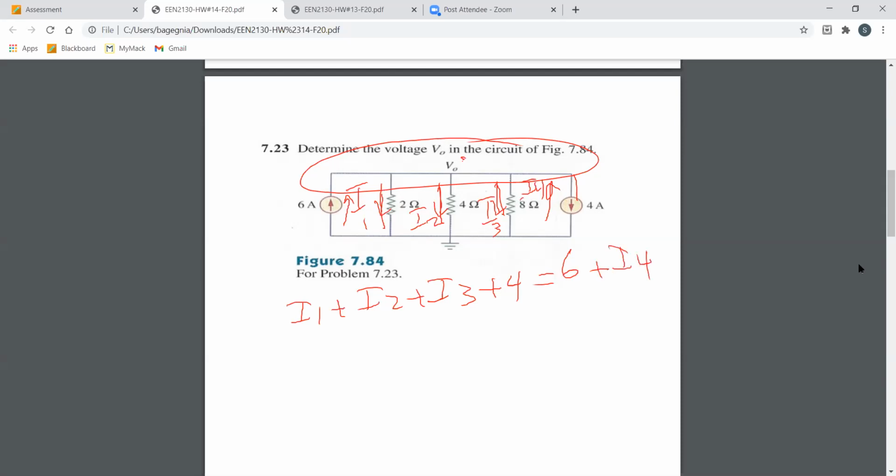That's my assumption. Now we need to write Ohm's law. So I1 goes from V0 to the ground, which is 0 over 2. You don't need to put minus 0, as after some practice you could omit the 0. Plus V0 over 4 plus V0 minus 0 over 8.